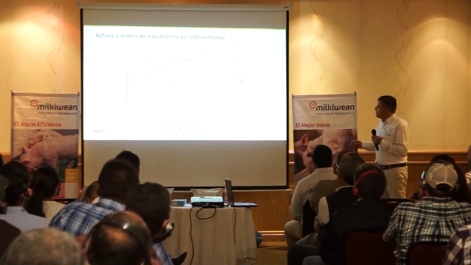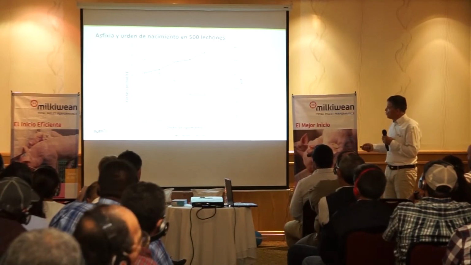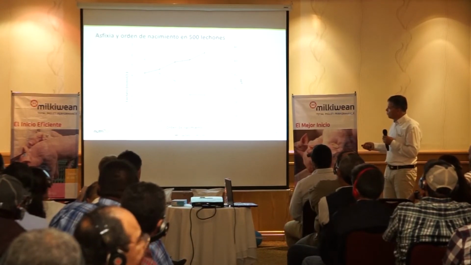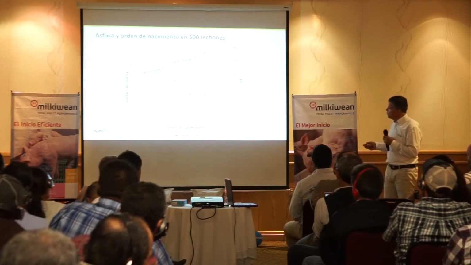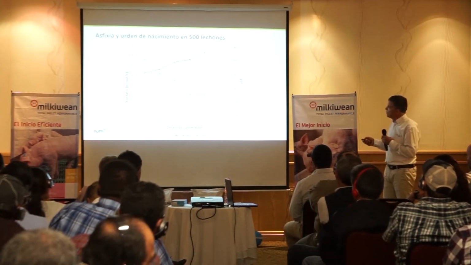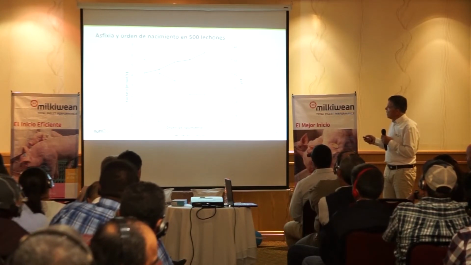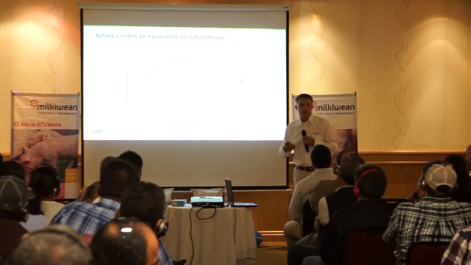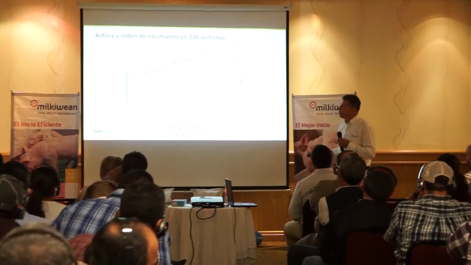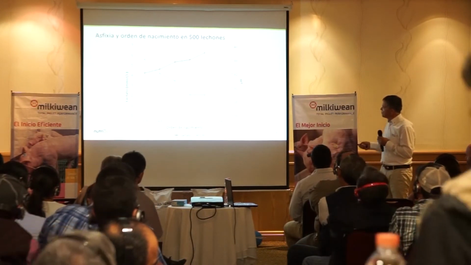So here we have the lactate level, and here we have the birth order of the piglets born. And we see that with increasing birth order, the lactate level is increasing. Another way to measure asphyxia and anaerobic energy metabolism is to measure the blood pH in these piglets.